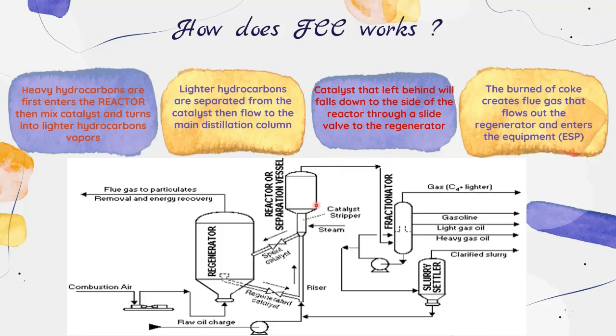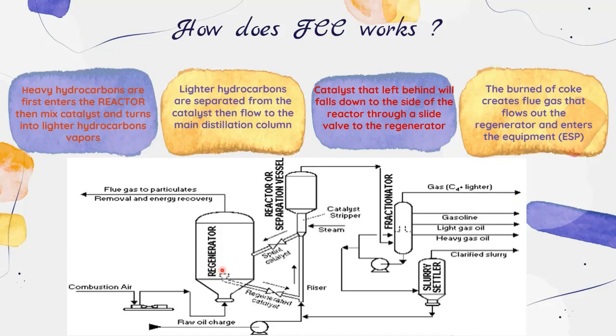Okay, next, the catalysts that are separated from the lighter hydrocarbons will fall down to the side of the reactor through a slide valve to the regenerator. During the reaction, a layer of carbon, known as coke, forms on the catalyst. Air is added into the regenerator so that the coke produced is burned off.